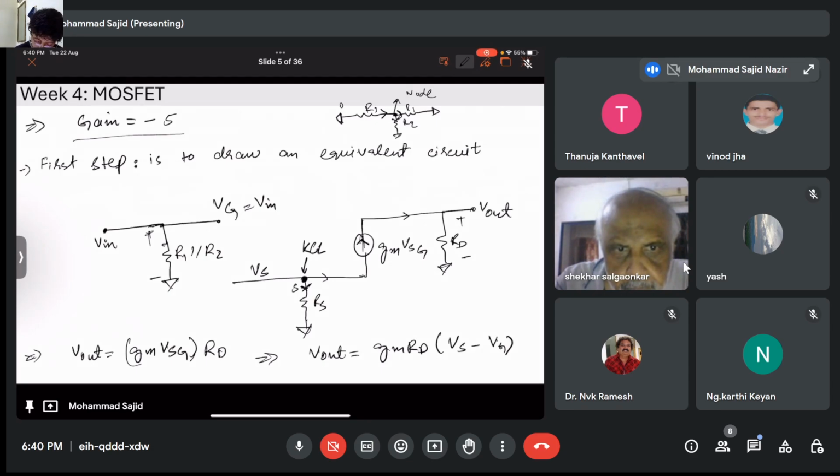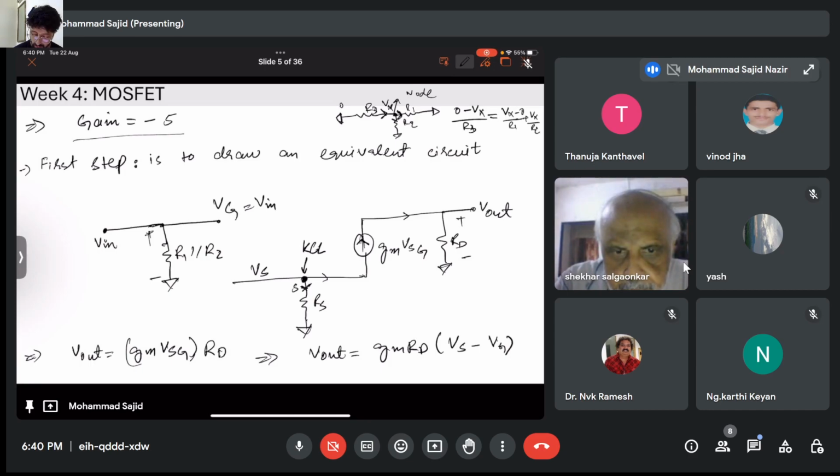Current is coming inwards, current is going outwards, so current coming inwards has to be equivalent to current going outwards. Let's say this is the node Vx. So this will be 0 minus Vx by R1 is equivalent to Vx minus 0 by R3 plus Vx by R2.